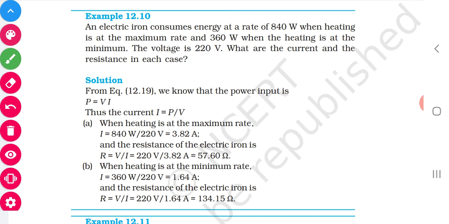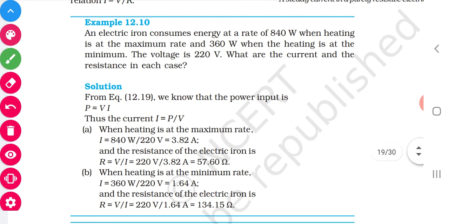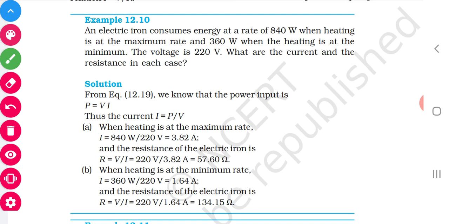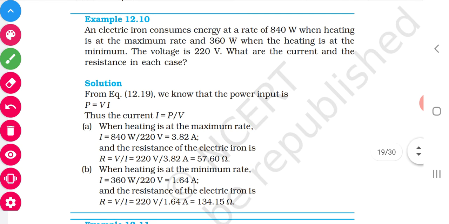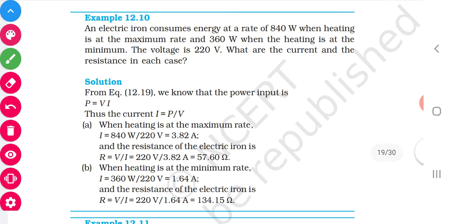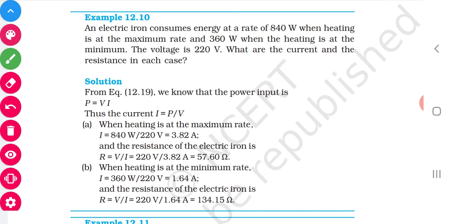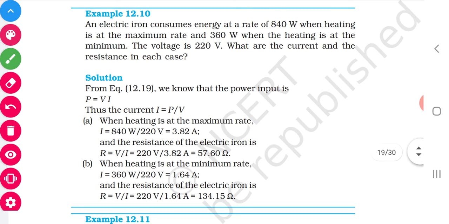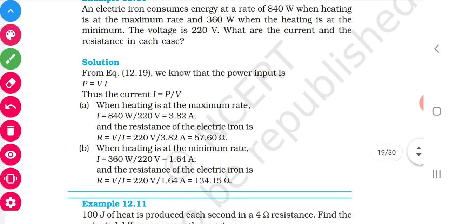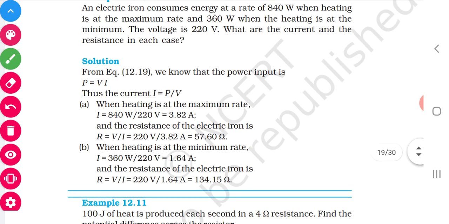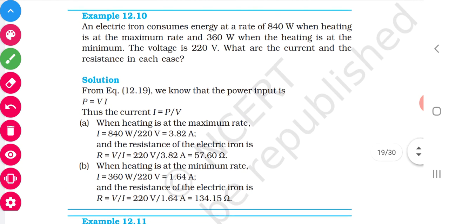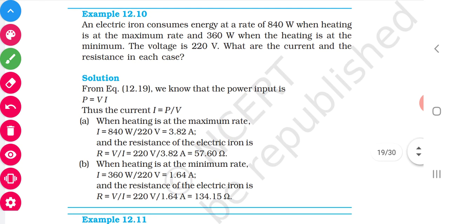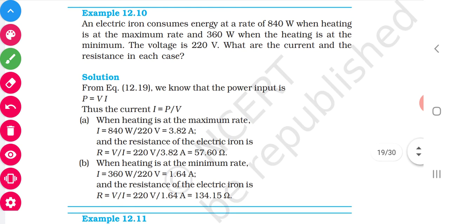So what they are telling is that the electrical iron consumes energy at a rate of 840 watts when heating at the maximum rate. We know that 1, 2, 3 will be there; 1 is the minimum and 3 will be the maximum. When it is heated at the maximum rate, it consumes 840 watts, and when it is heated at the minimum, it consumes 360 watts.